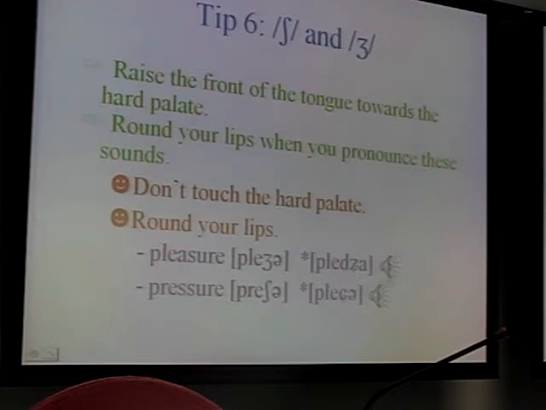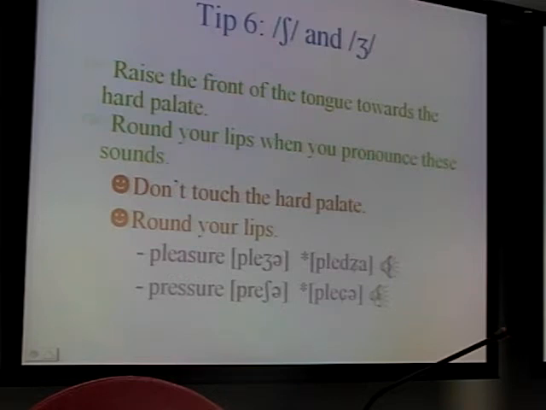So "pleasure" is pronounced as "pleasure"... and "pressure," "pleasure." The second one is closer to English, isn't it? Yes.